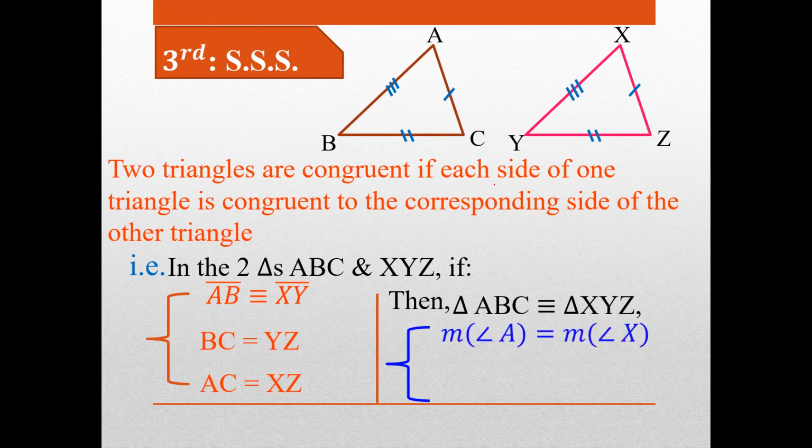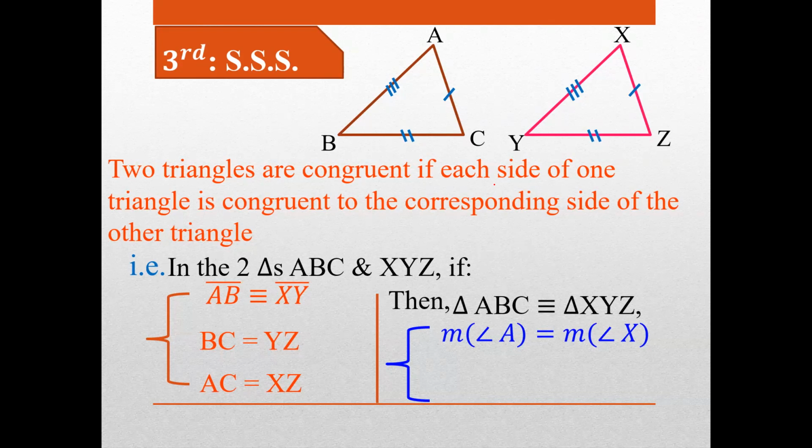And we say if three elements in the triangle are congruent to the corresponding parts of the other triangle, then the six elements in the first triangle are congruent to the corresponding parts in the other triangle.